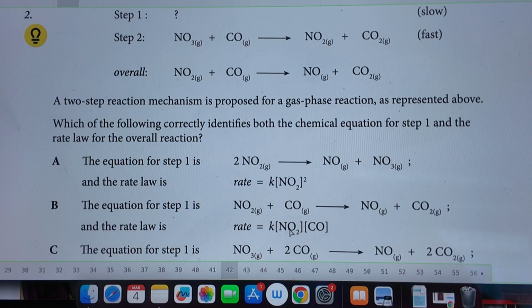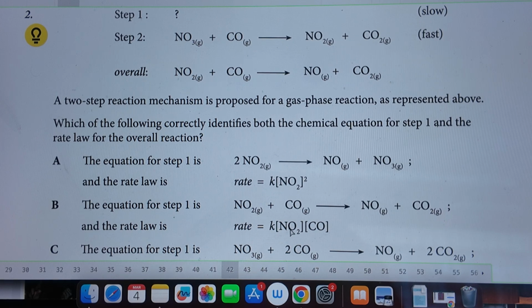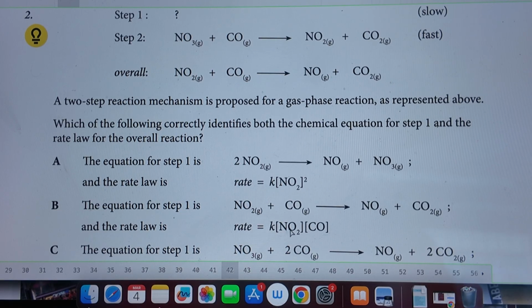Kind of want to zoom out, but I want you guys to be able to see this clearly. Question number 2. A two-step reaction mechanism is proposed for a gas phase reaction as represented above. So this is a gas phase reaction.